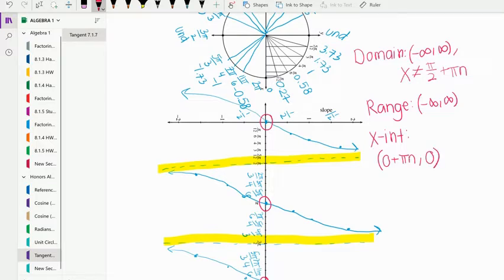I would like to think that that's probably the easiest. Or you could just say really pi n, it doesn't really matter. And then for the y-intercept, we can see that the y-intercept is just 0, 0.